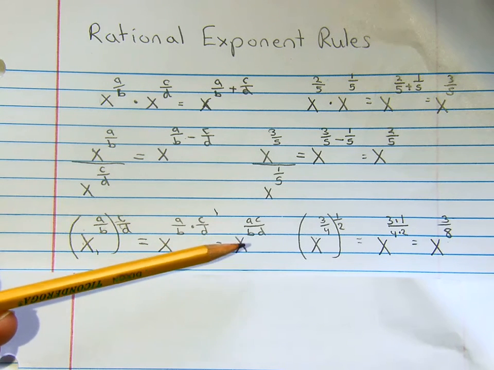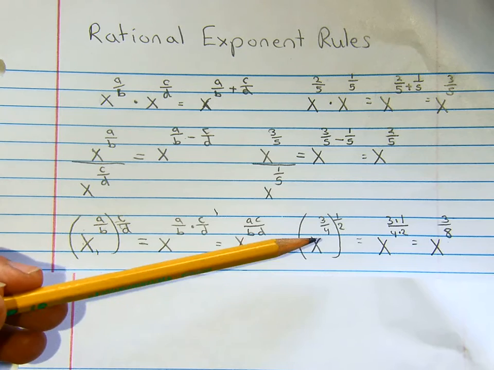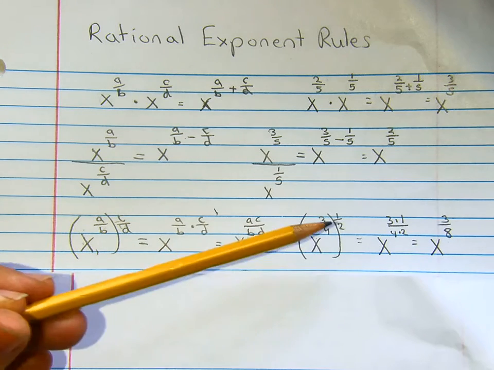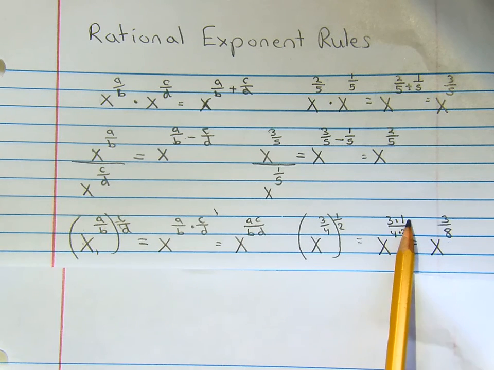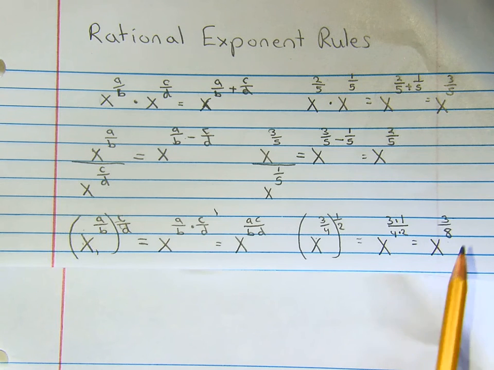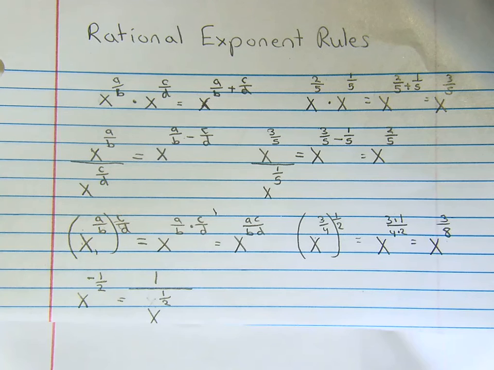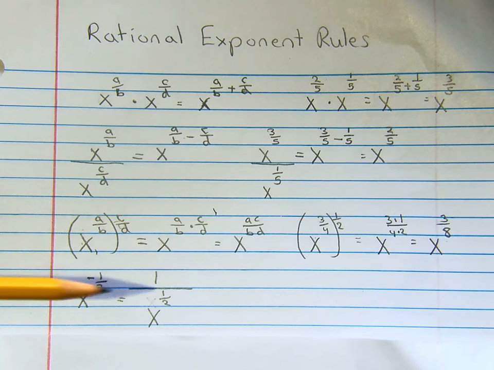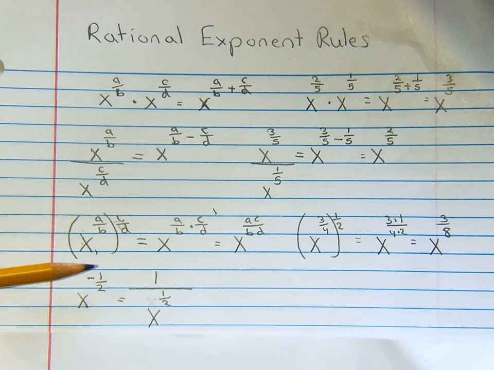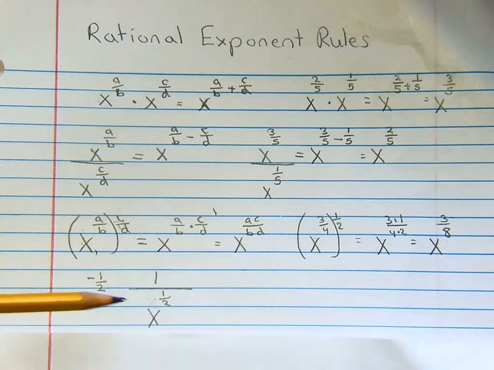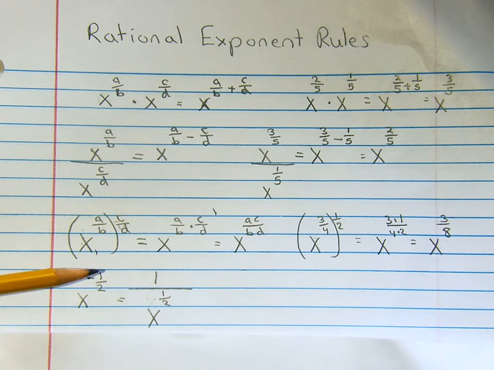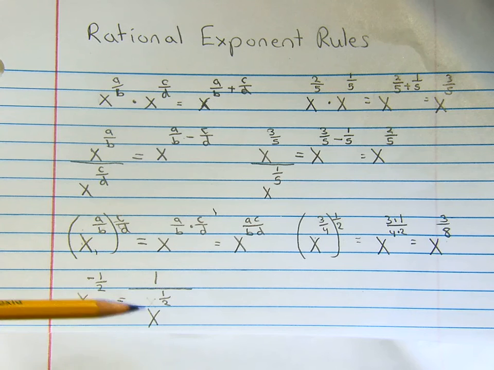And that is your answer. So you see an example here where I have x to the 3/4 raised to the 1/2. So all I'm going to do is multiply 3 times 1 and 4 times 2, and I have my answer. Right? So what if I have a negative exponent? Well, whenever it's raised to the negative exponent, you just put the whole thing in the denominator and make the exponent positive. Boom. The rule does not change just because this happens to be a fraction. Same-o, same-o.